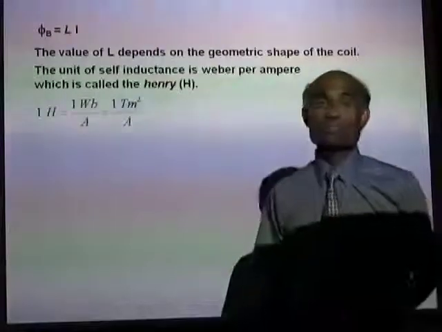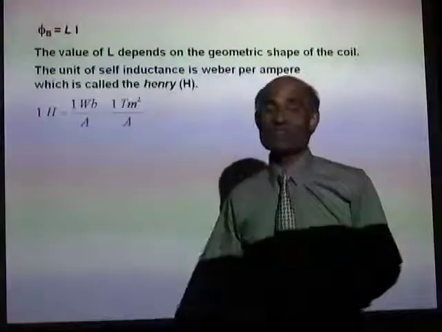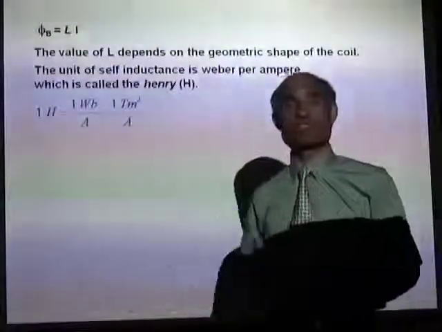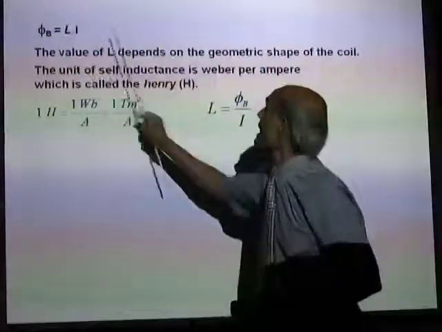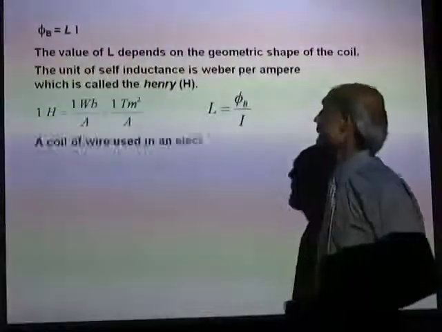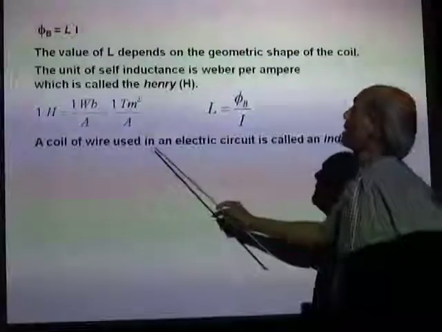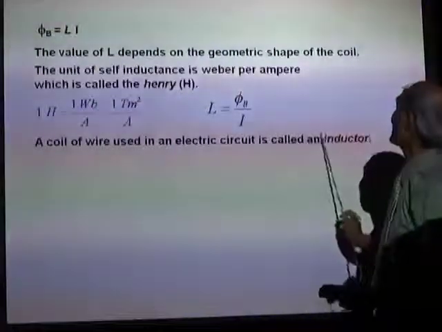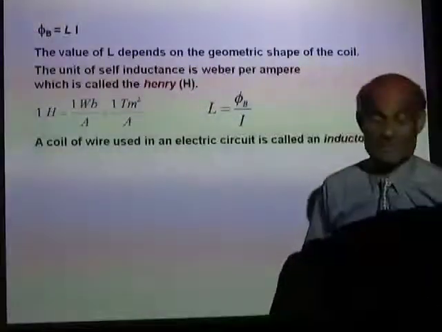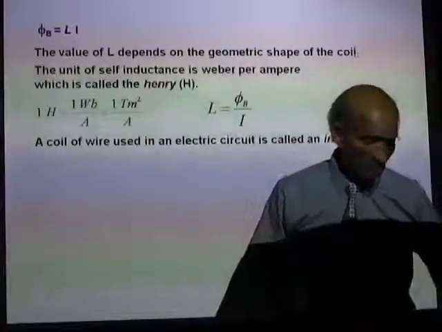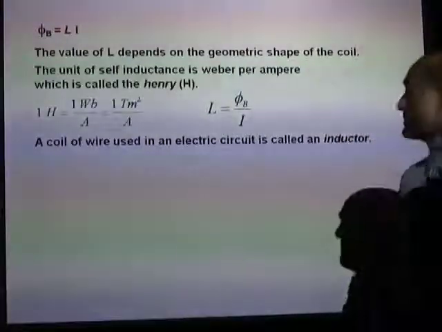So the unit of self-inductance is a Henry. We will need to use it in our next lesson. So L equals phi B divided by I. A coil of wire used in an electric circuit is called an inductor. That will be the subject we'll be talking about in our next lesson.